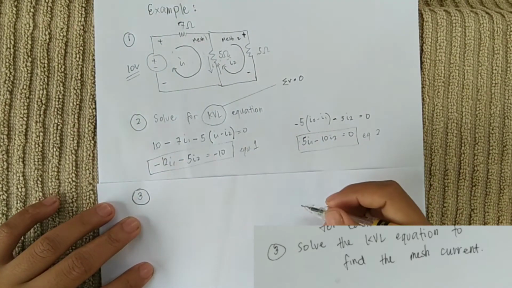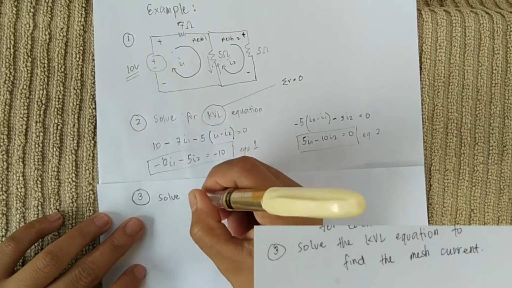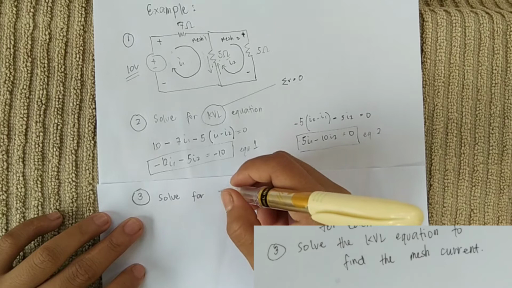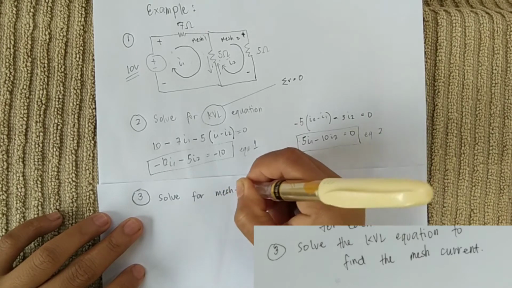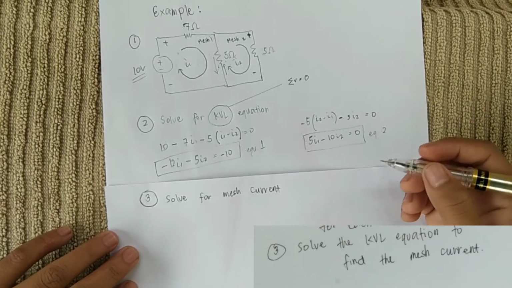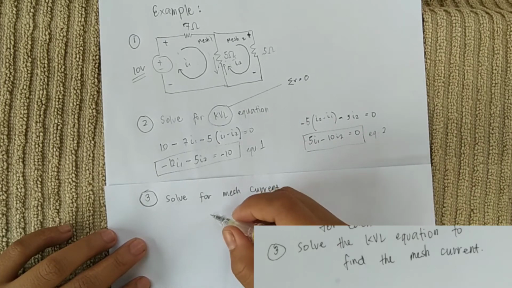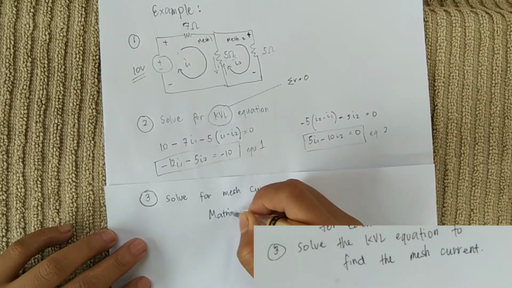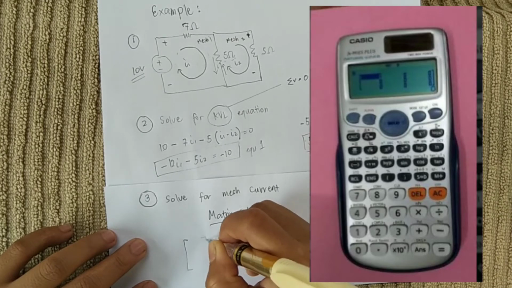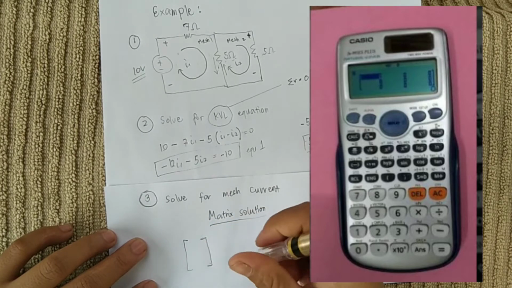Then next, we have the third step. We're going to solve the KVL equations to find the mesh current. In my class, all the problems that we get are solving for the voltage, solving for the current, or finding the V1 or whatever. As we solve, we're going to use what we call the matrix solution. The matrix solution can be found in a scientific calculator, and it's available only in a scientific calculator.